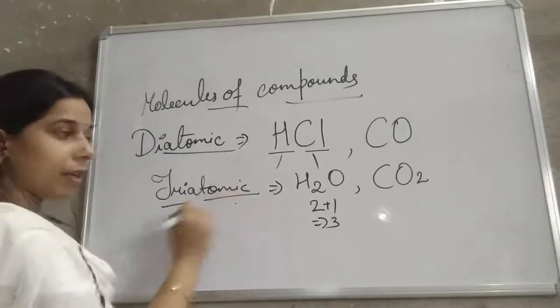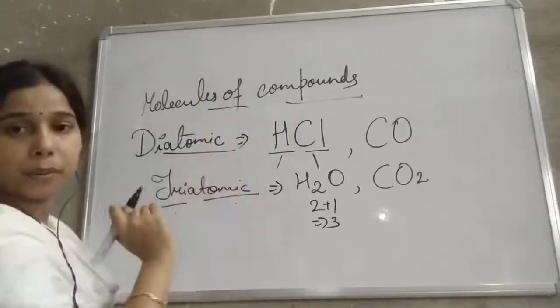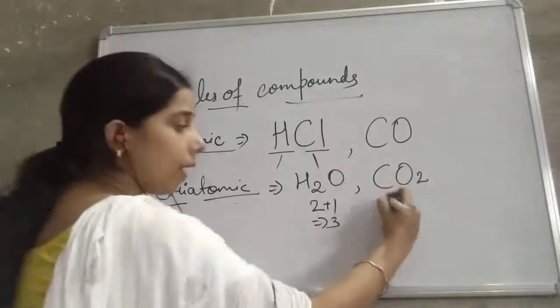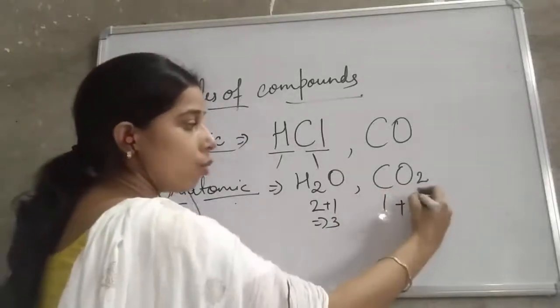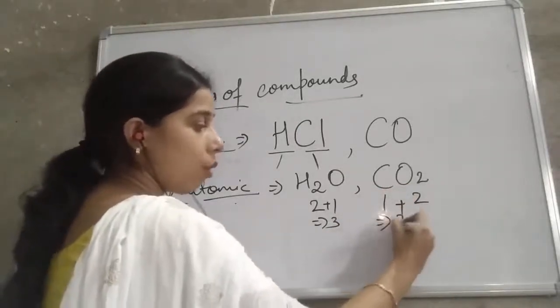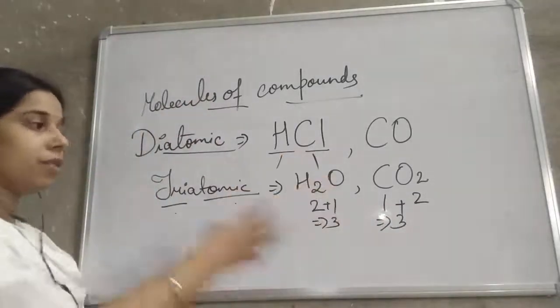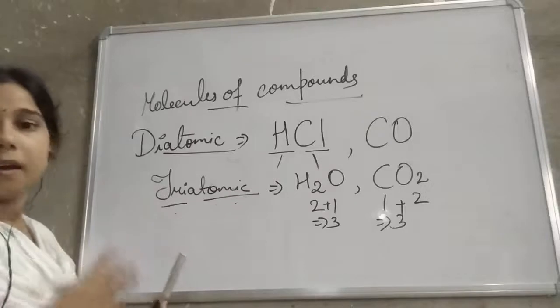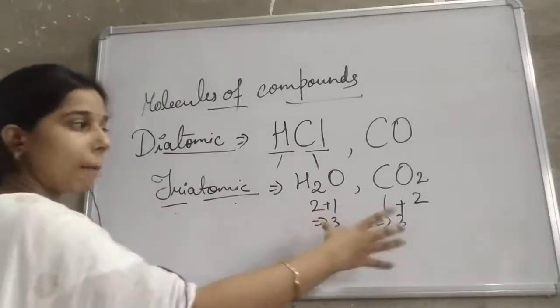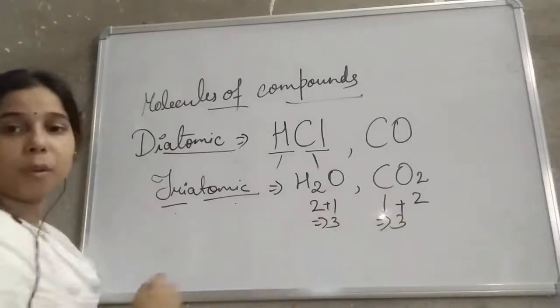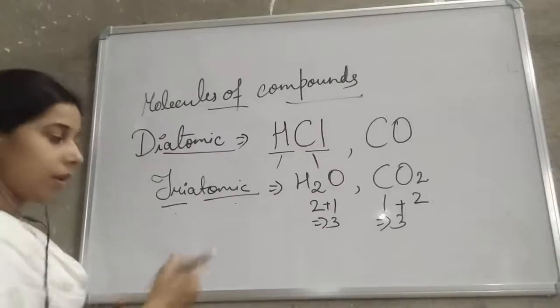So 3 atoms in the molecule of the compound. In CO2, there is one carbon atom and 2 oxygen atoms. So it also gives 3 atoms, that is the triatomic molecule of the compound. Such kinds of compounds we call triatomic molecules of compounds.